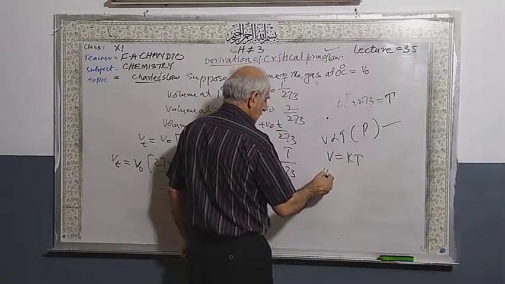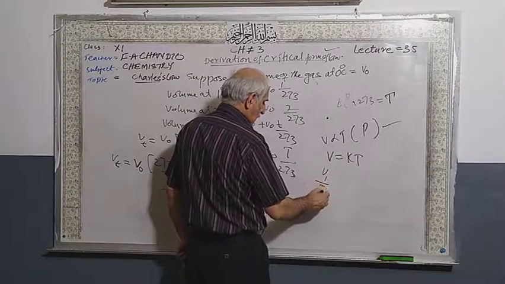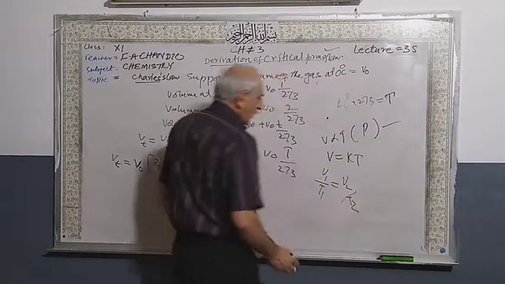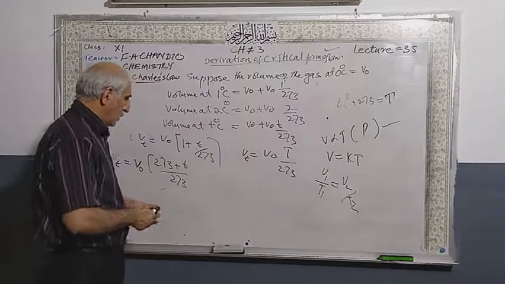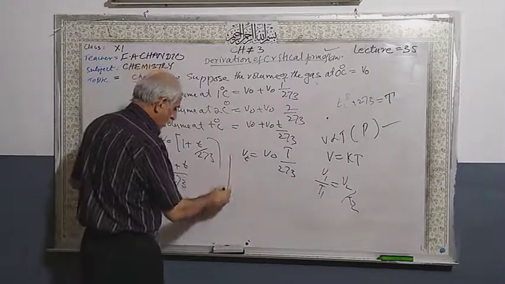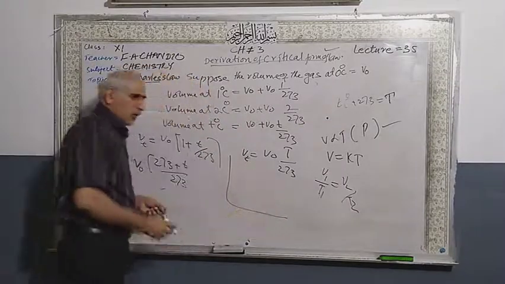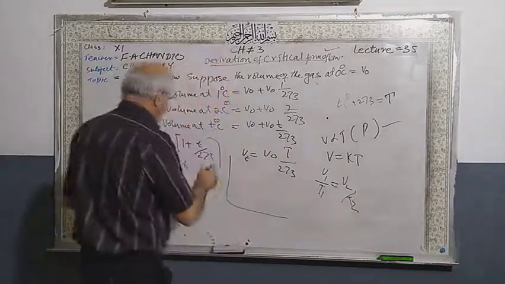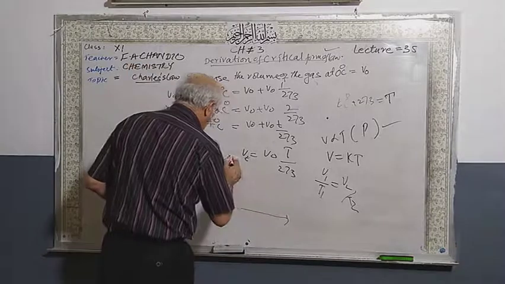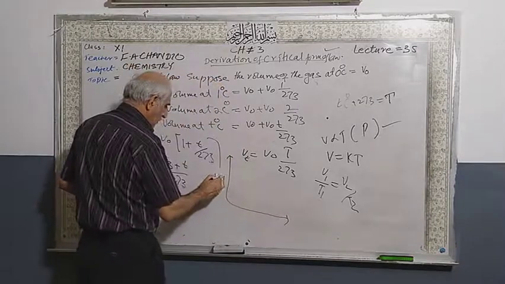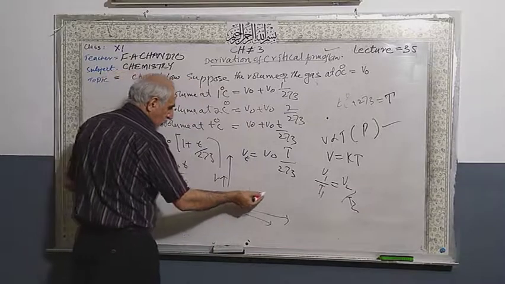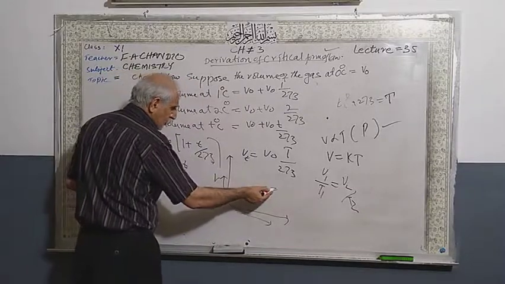This V1 over T1 equal to V2 over T2 is called Charles law, and if you plot a graph of volume and temperature, you will get a straight line.